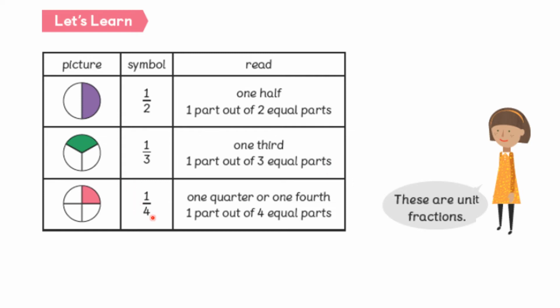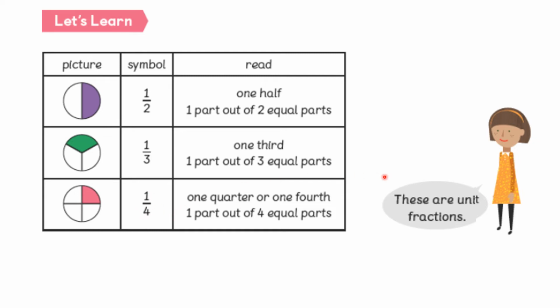And then we've also learnt about quarters, or 1/4. And here the shape has been divided into 1, 2, 3, 4 equal parts. 1 part is shaded. So 1/4 is being shown, and it's 1 part out of 4 equal parts. So we've got a 1/2, a 1/3, and a 1/4.